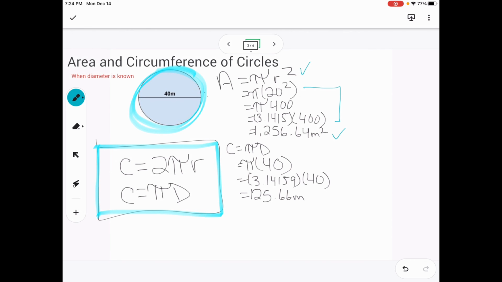Okay, so just to recap, when diameter is known, if you're trying to find the area, you do need to divide it by 2. And if you're finding the circumference, then you can just leave it alone and multiply it by the diameter.